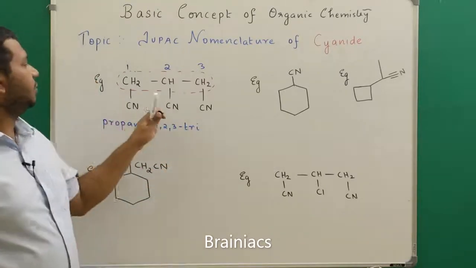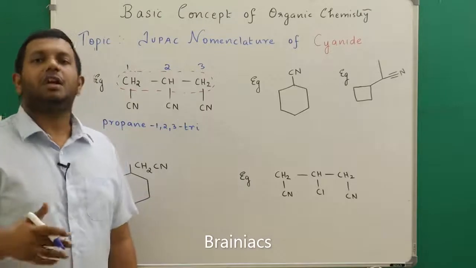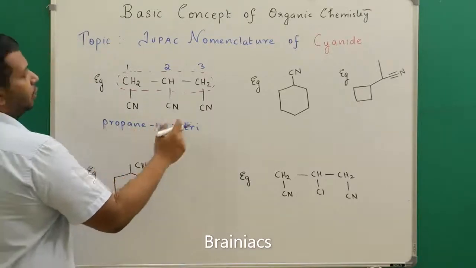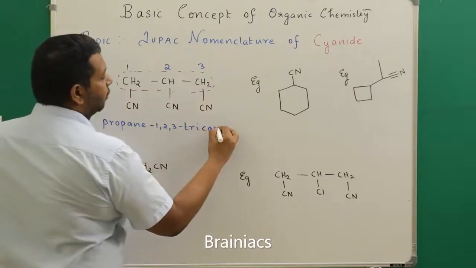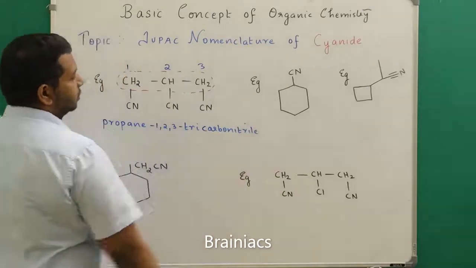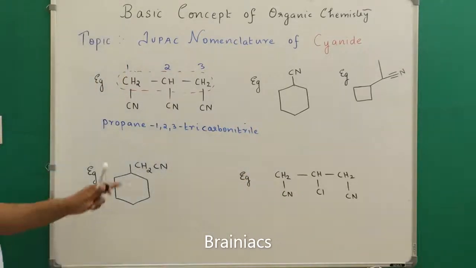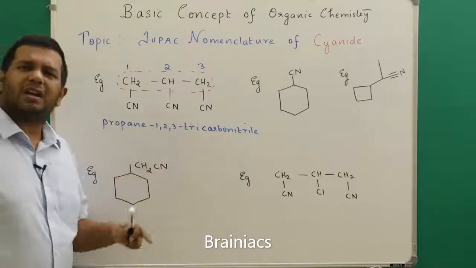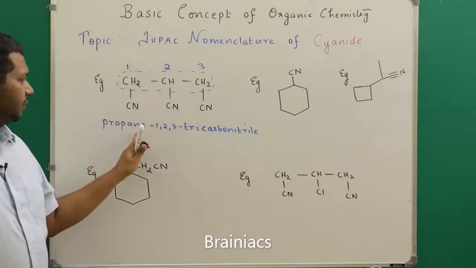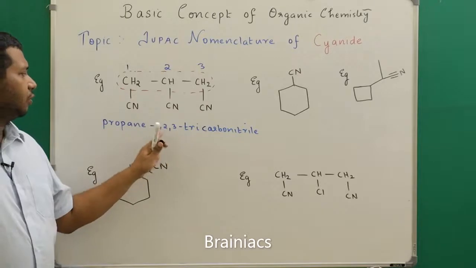Tell me, nitrile or carbonitrile? Since this carbon atom is not included in the parent carbon chain, we use carbonitrile. So I can say propane-1,2,3-tricarbonitrile. Very, very important. Some people say 1,2,3-propane tricarbonitrile. That is also correct. But most correct is the first one: word root, then primary suffix, then locants 1, 2, 3.